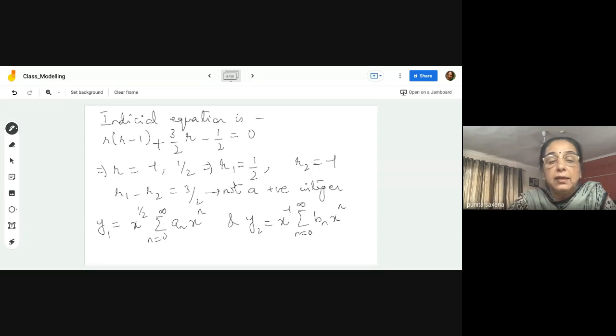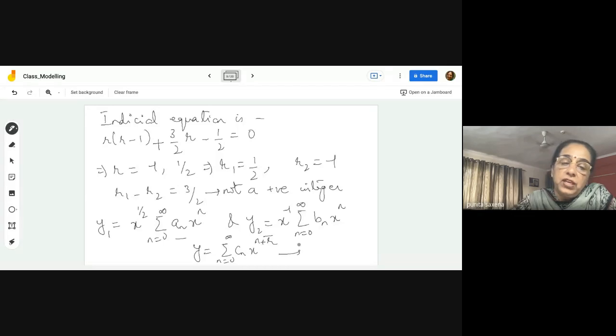Ultimately both these series come from the general solution of the kind summation cn x to the power n plus r, n from 0 to infinity. So starting with the generalized form, we can end up with a recurrence relation, and then in that recurrence relation, we can substitute r as half and minus 1, and consequently get the coefficients an and bn. This is how we are going to do things.